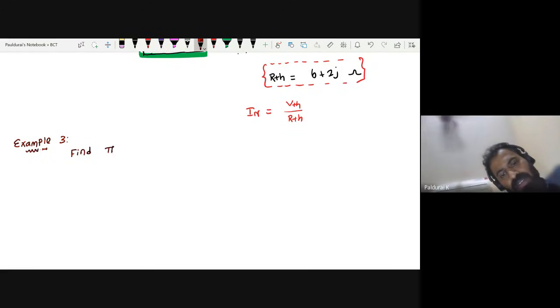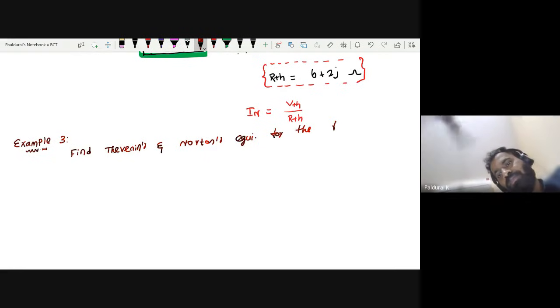Find Thevenin and Norton's equivalent for the following circuit. Okay, the circuit is a simple circuit.